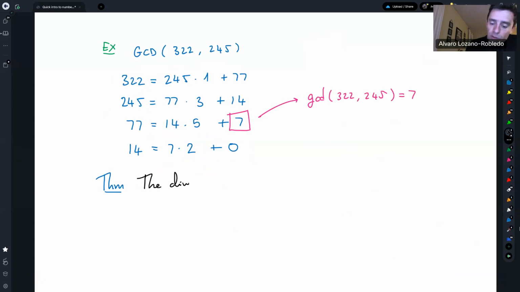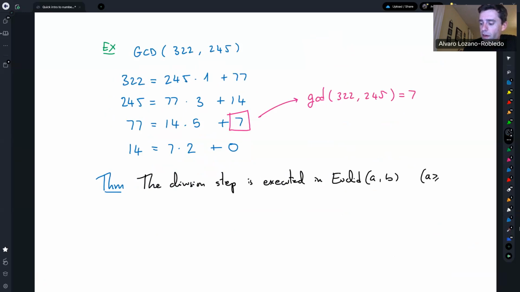It turns out that one can show that the division step is executed in the Euclid algorithm of A and B, where A is assumed to be bigger than B, at most 2 times the log base 2 of B plus 2 times.